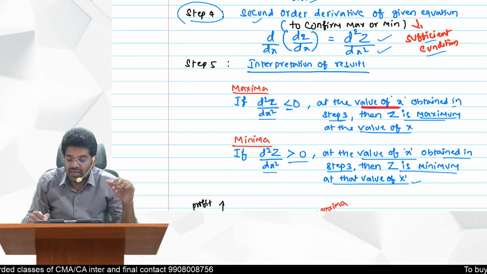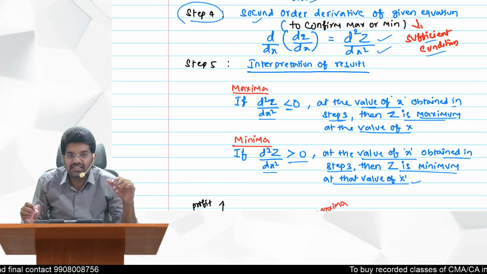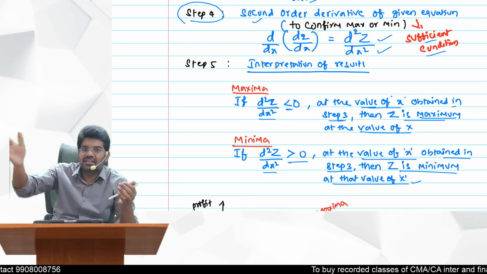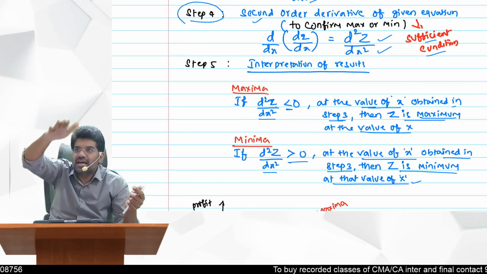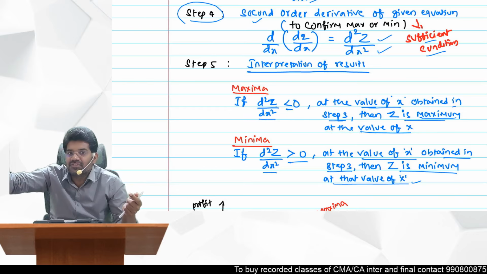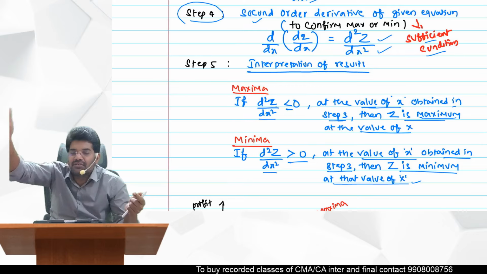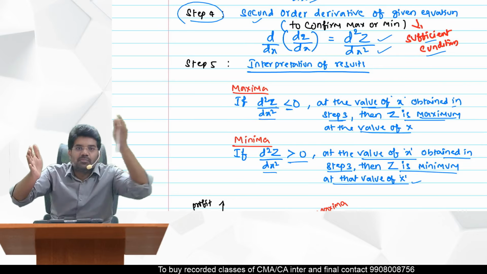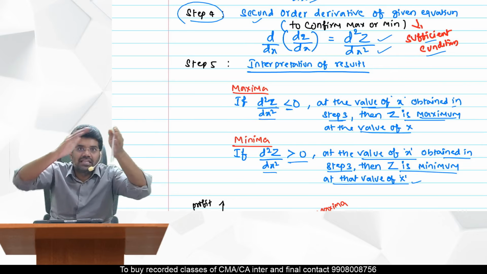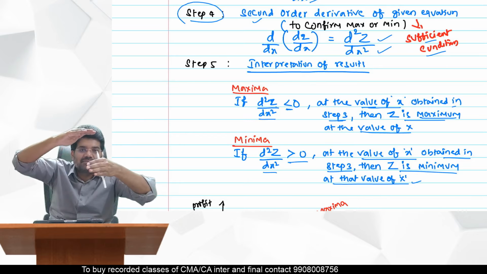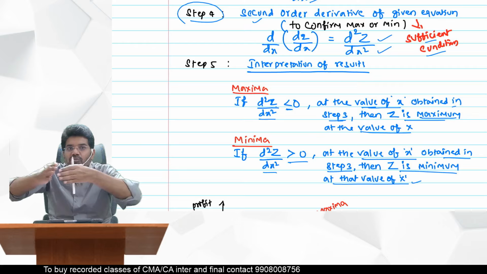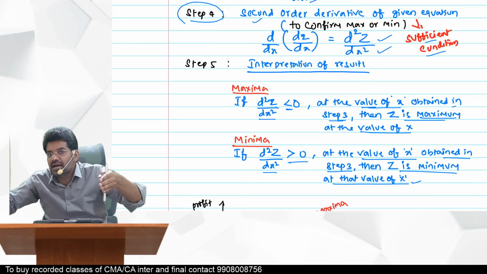At the value of x obtained in step number 3, z is maximum. Because beyond that, if you increase your input, the output keeps coming down.